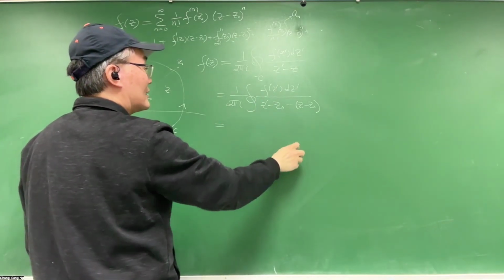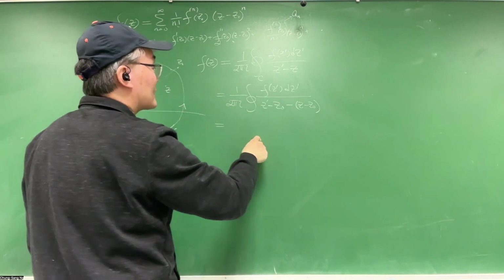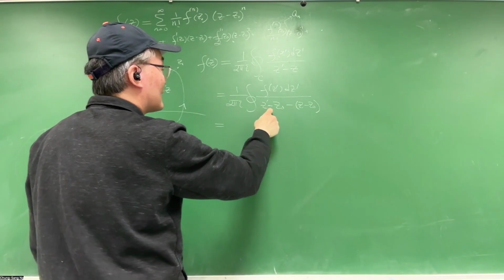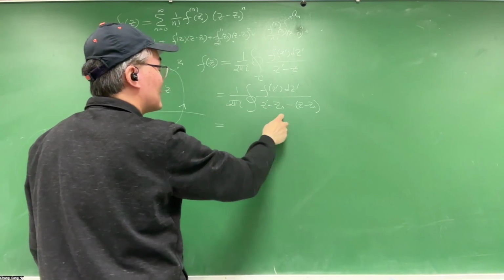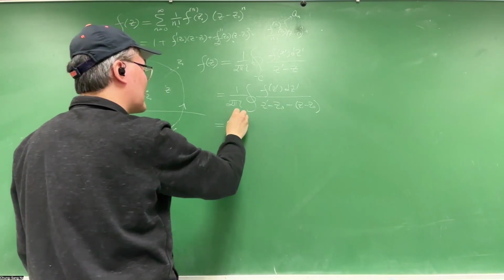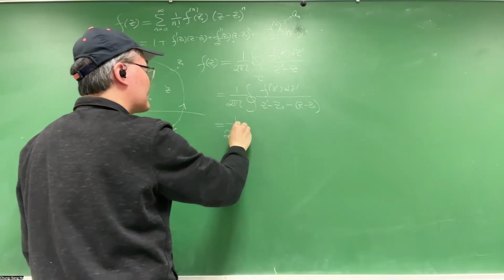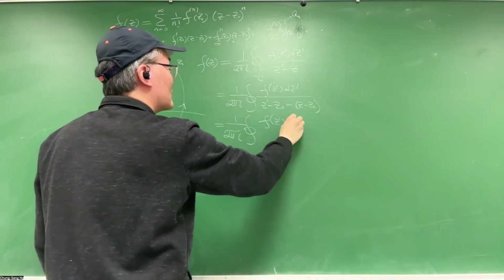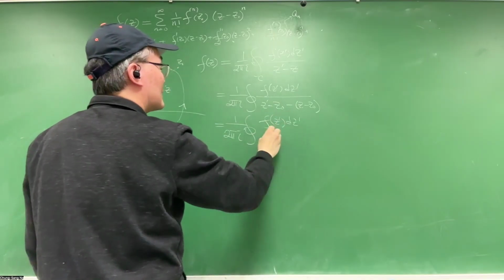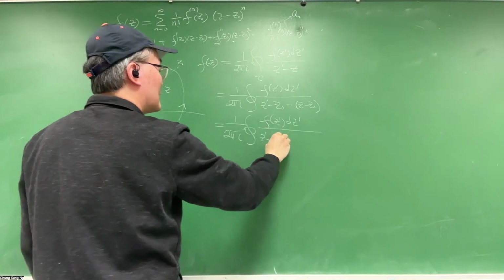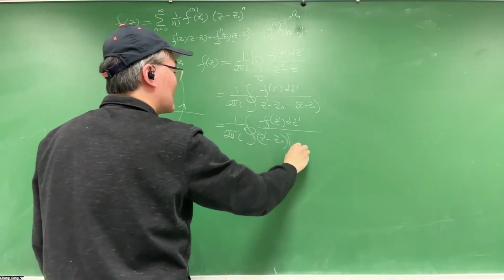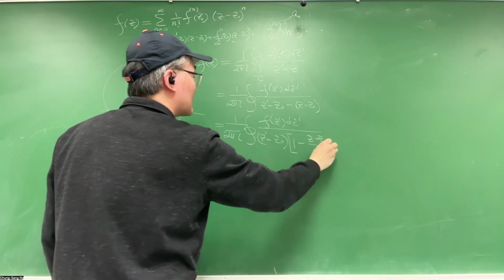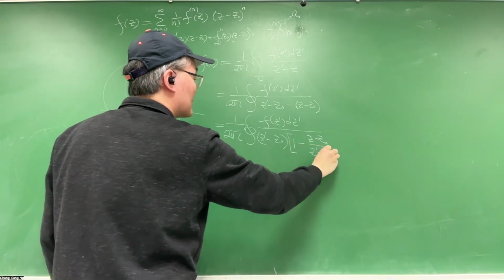So basically, take this out as a factor, and do a 1 minus z minus c sub 0 divided by zeta minus c sub 0.